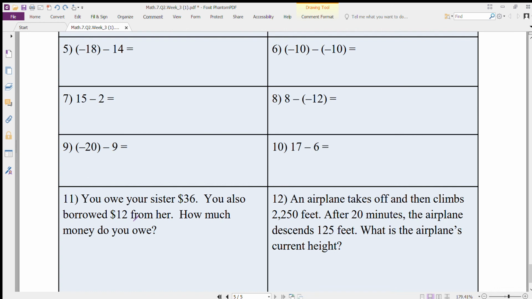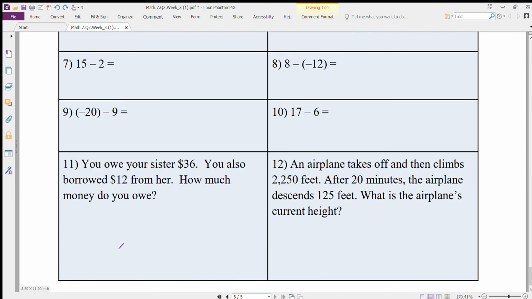So let's say you bought a video game that's on sale for $36, right? And you did that with your sister's money. And the next day there's a DLC. So you ask your sister for more money, and that is $12. How much do you owe your sister? And then that's what you put on your answers. Okay? So that's for 11.